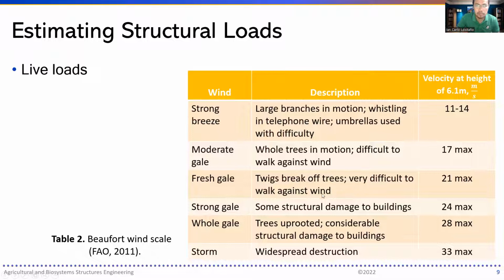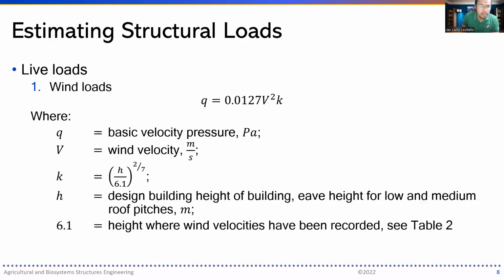Table number 2 differentiates the wind and classifies them into strong breeze, moderate gale, fresh gale, strong gale, whole gale, and then the storm. And based on the description, one can determine the velocity at height. So the V would depend on this.